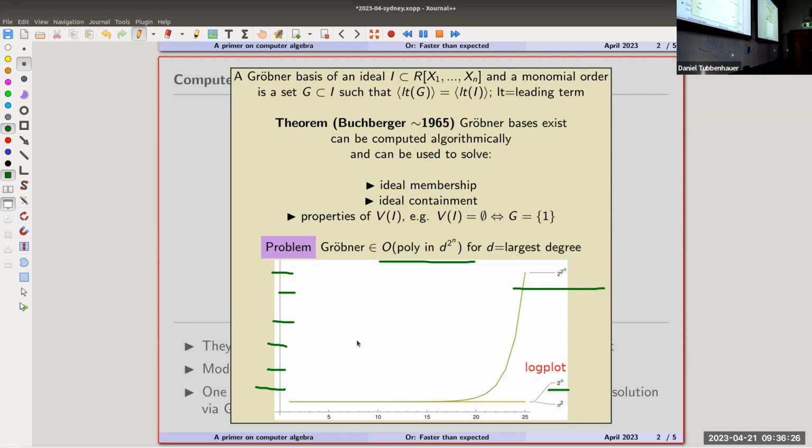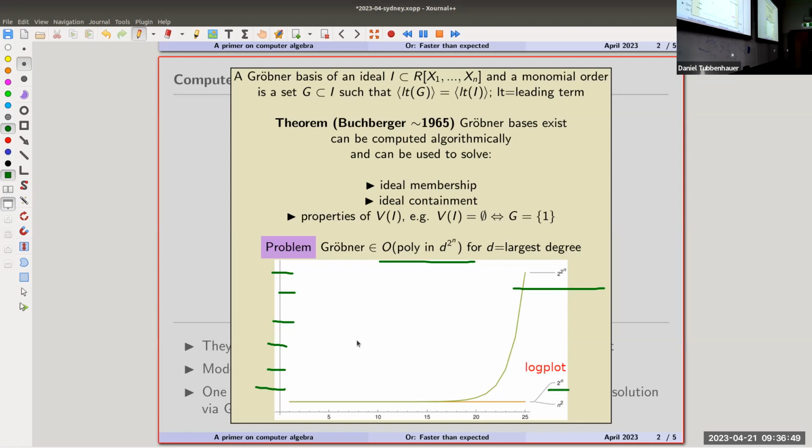Everything here is actually due to Buchberger, and Buchberger named everything after his advisor, Gröbner, and now everybody somehow forgot about Buchberger. So if you're writing your thesis eventually, be careful how you call things. It should be the Buchberger basis, but Buchberger decided to call it the Gröbner basis. That's just what it is.